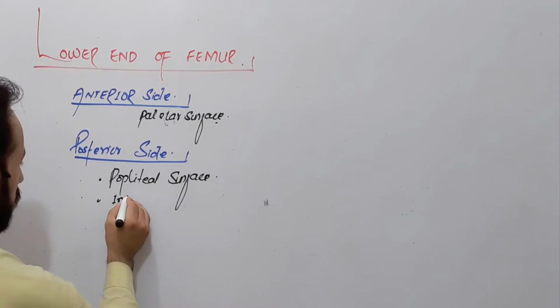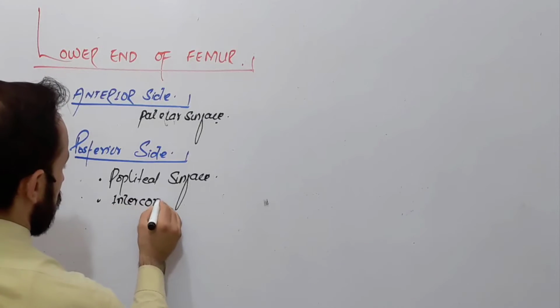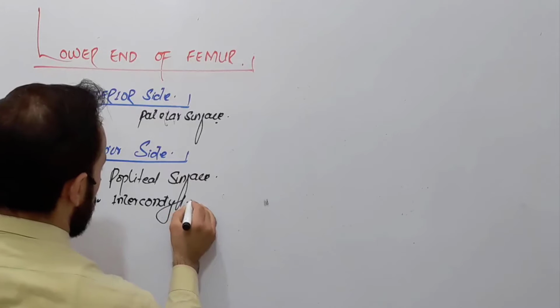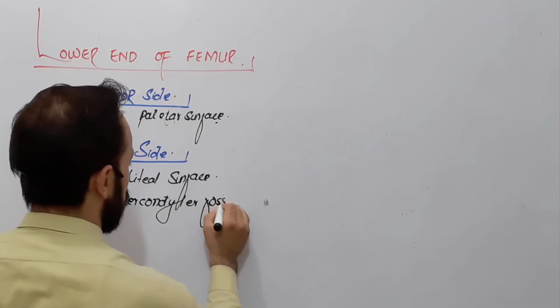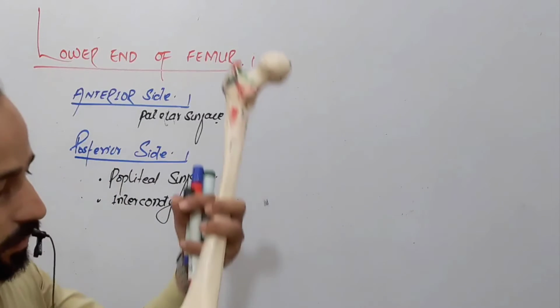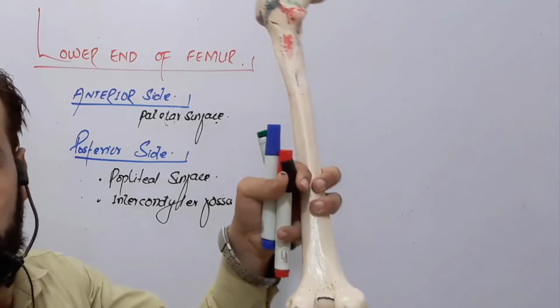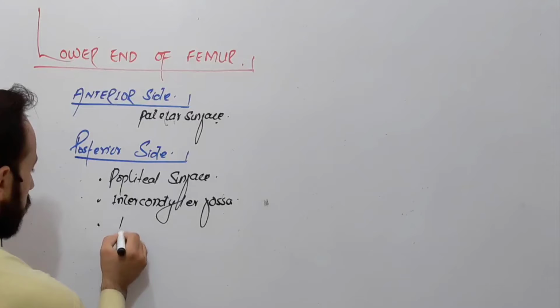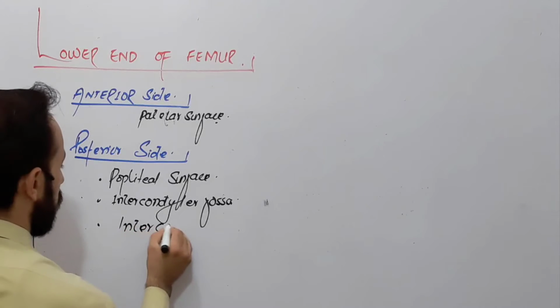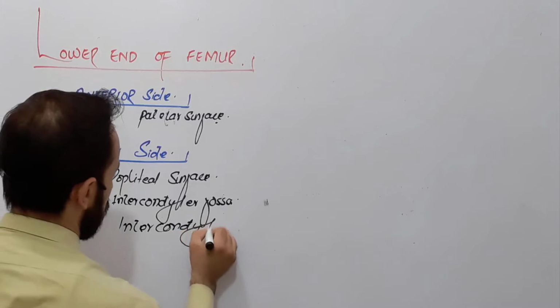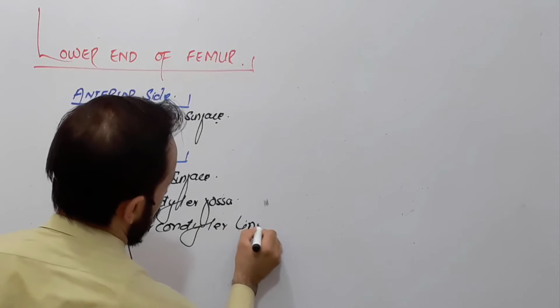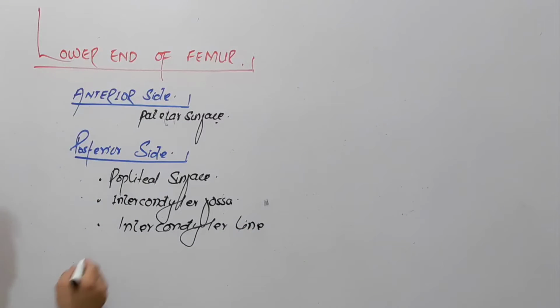So there is the intercondylar fossa, right? And then there is the intercondylar line also present there. These are the important points we should know, right?